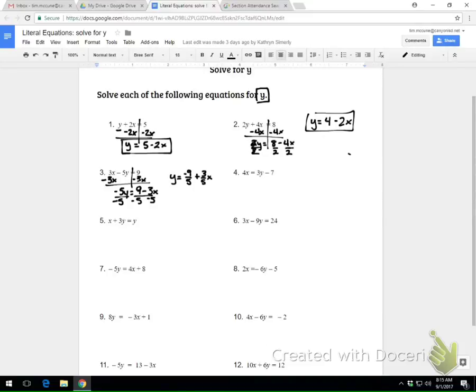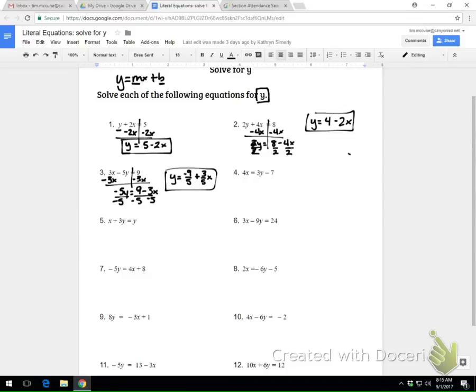Now, if you look at these first 3, we've been kind of writing it y equals some number plus or minus some number x. Do you remember in junior high, your m was your slope and your b was your y-intercept.